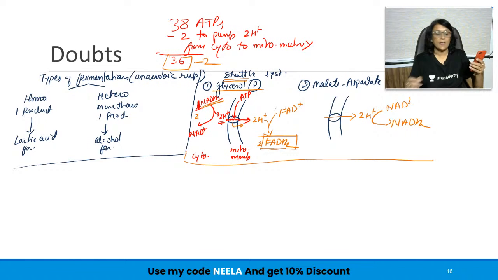The protein which is there is actually the glycerol phosphate shuttle. Is it clear? In the glycerol shuttle system, the shuttle system is a protein in the membrane, and that protein is just helping in the transfer of the protons.